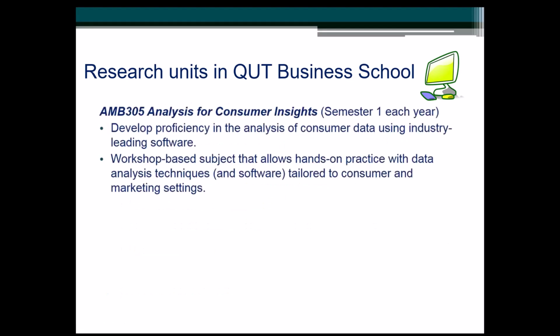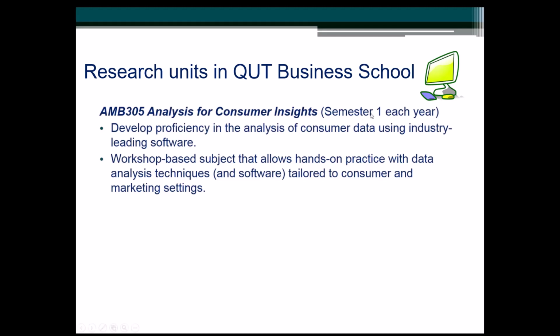I will finish off by reiterating a little bit more about those two additional research units before finishing with the module. So AMB 305 is a third level subject that we've run for a couple of years now, and we tend to have a smaller cohort with this. We try to cap it at around maybe 25 students, because that's where we get the most interaction and students tend to learn best.